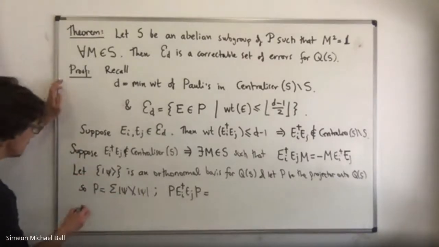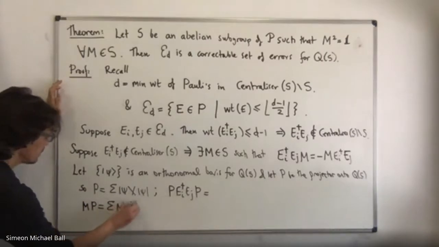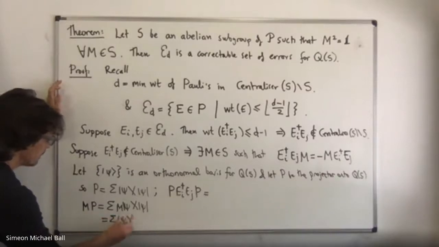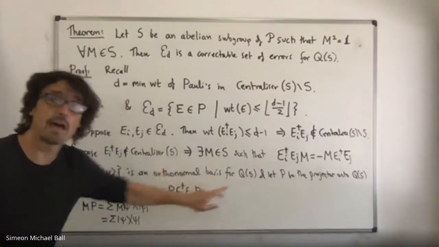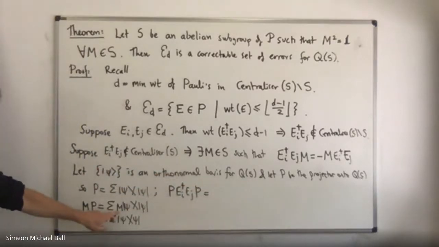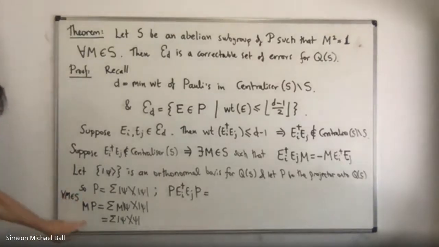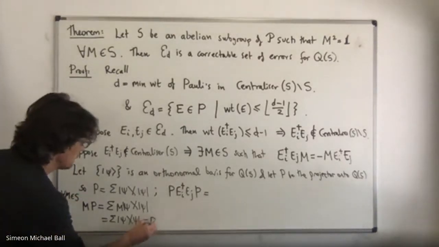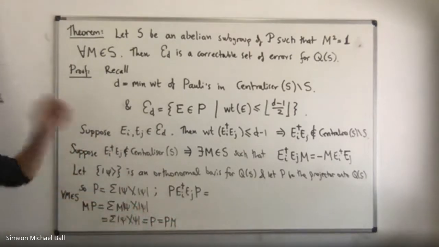So observe, M times P is the sum of M times the basis kets, since these are a basis for QS, and all the vectors in QS are eigenvectors of eigenvalue 1 for the things in S. So for all M in S, MP is equal to P. And likewise, PM is equal to P. If we put the M on the other side, it doesn't make any difference.